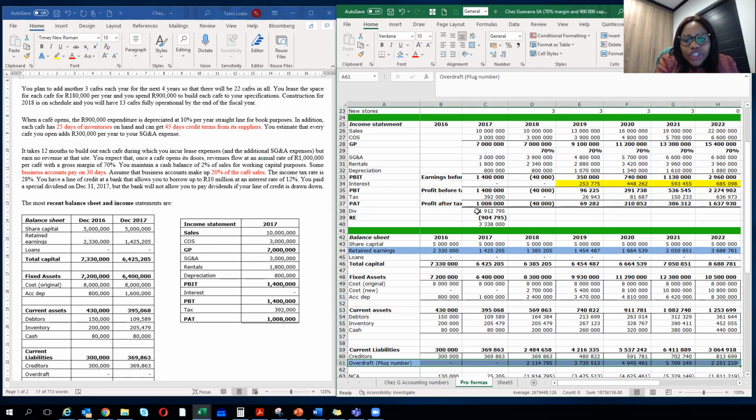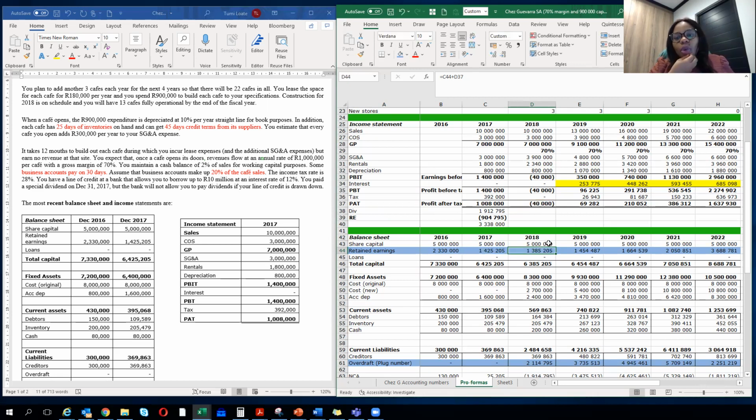The retained earnings for 2016 and 17 was provided to you. So for 2018, in that year, you've made a loss of 40,000. So you're going to take the previous retained earnings and add the loss of 40,000.